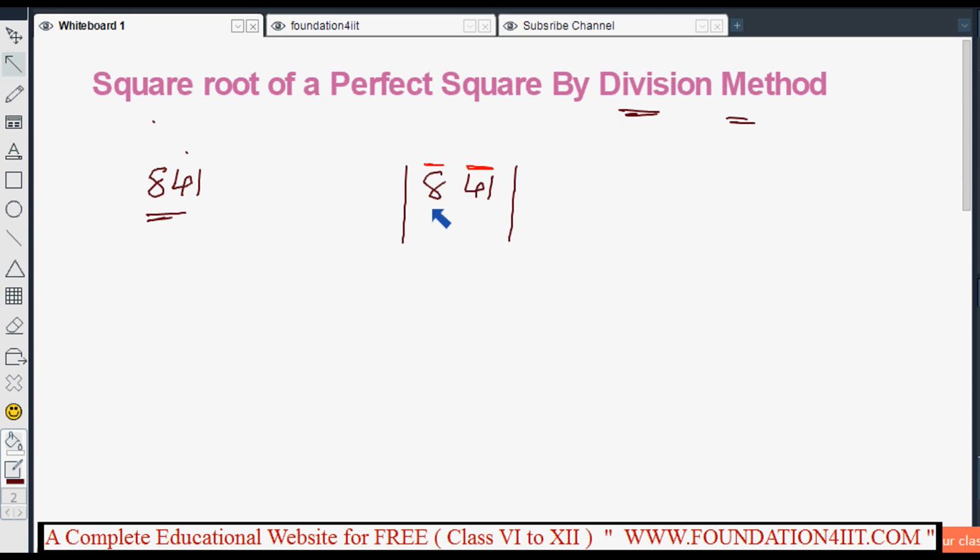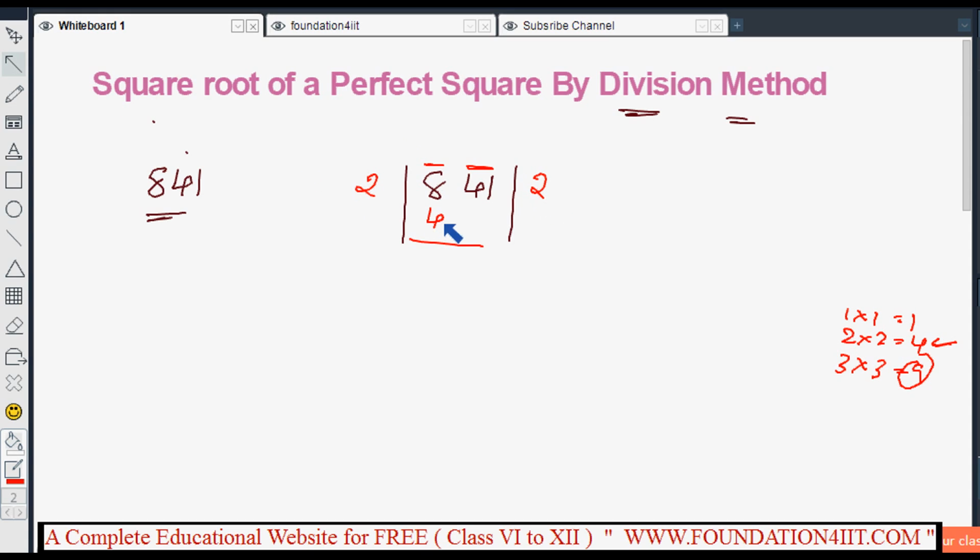Now 8 is near to which perfect square? 3 into 3 is 9, 2 into 2 is 4, 1 into 1 is 1. The nearest perfect square is 4, because 9 is more than 8. So we write 2 2s are 4, the same number on the left side as well as the right side.